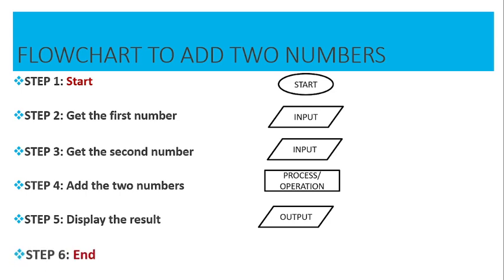After that, the end of the program. In a flowchart, the shape representing the end of the program is still the oval. We connect all these shapes together using the arrow to indicate the flow of the program.